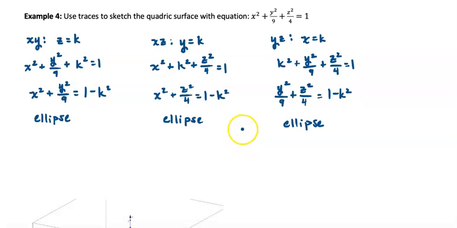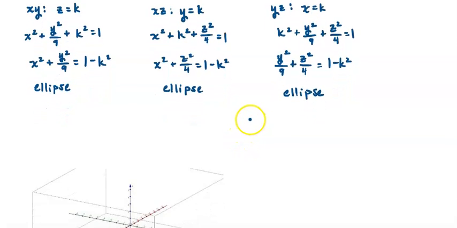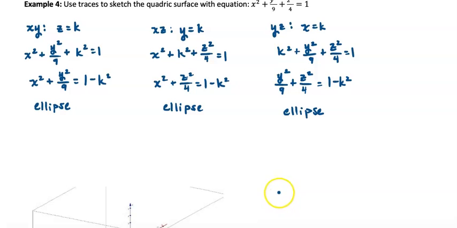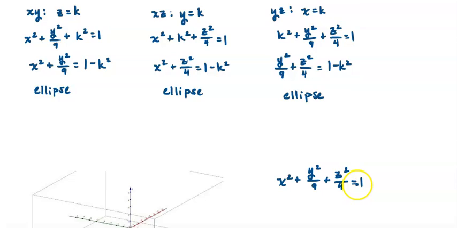And so let's try to sketch this. I'll just bring this original equation down here: x squared plus y squared over 9 plus z squared over 4 is equal to 1.